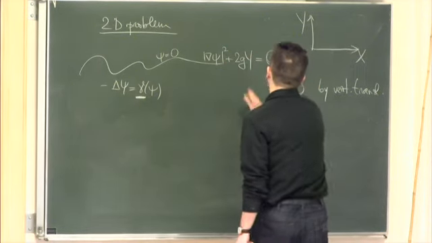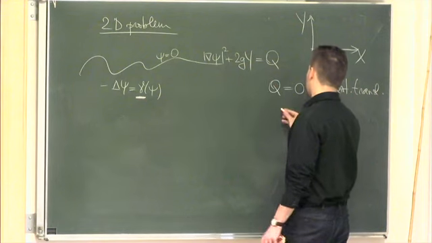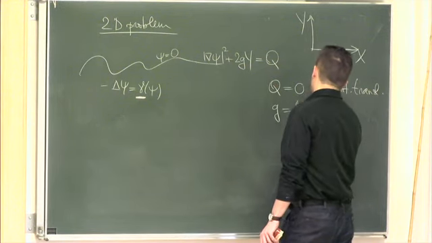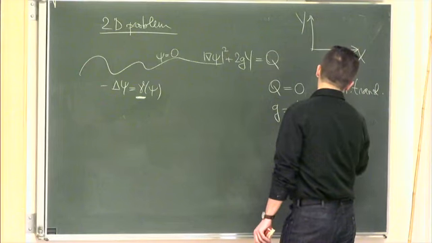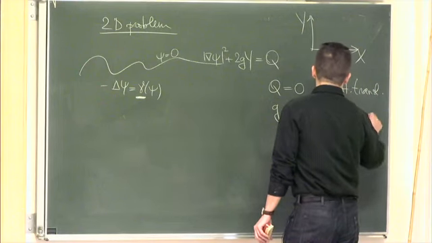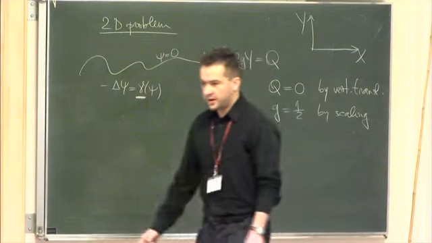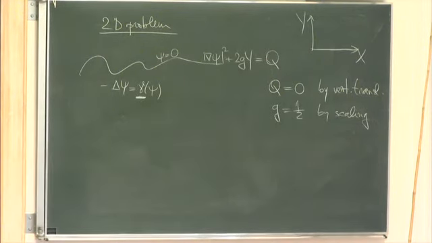We can also normalize: instead of g, we can put 1/2 by scaling, to get rid of unnecessary constants.